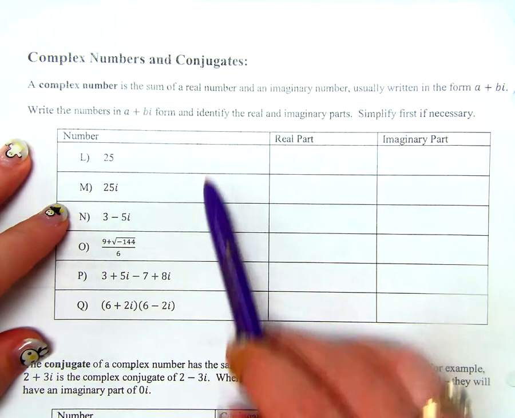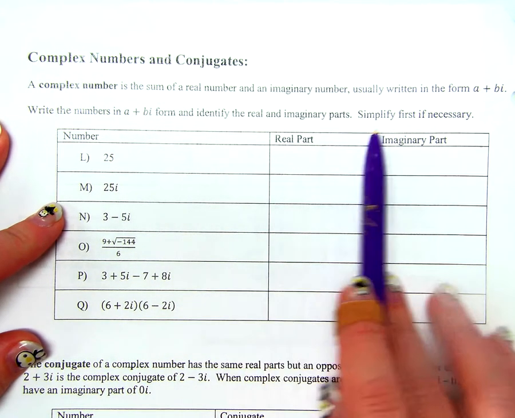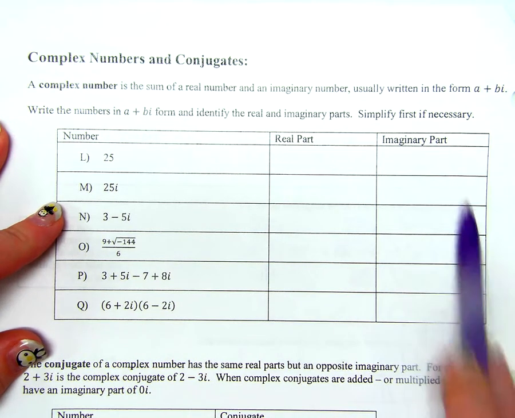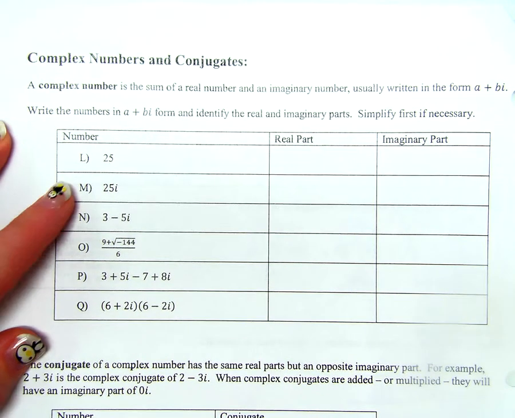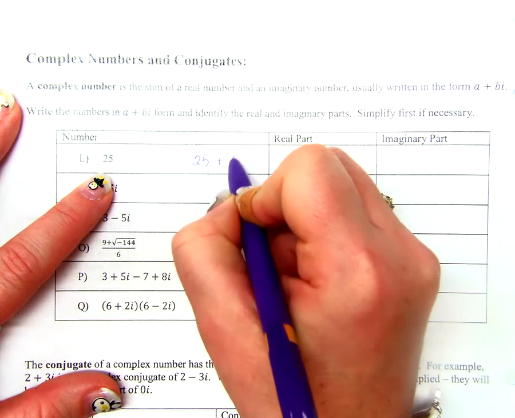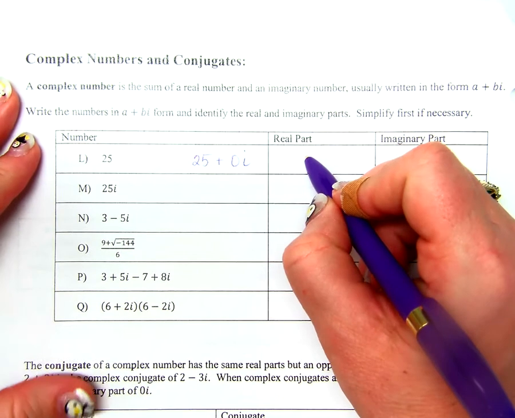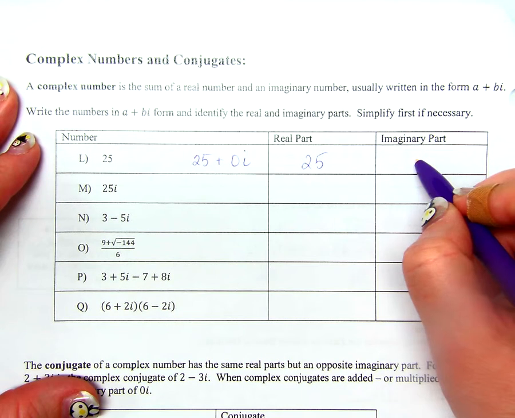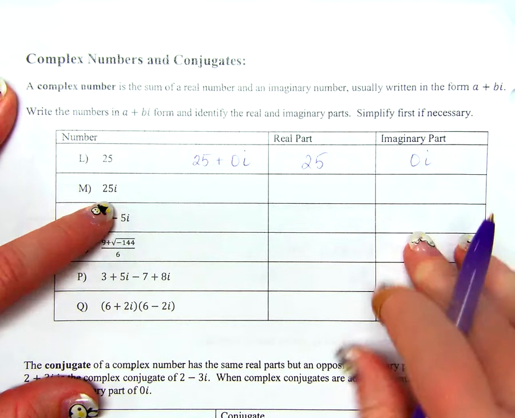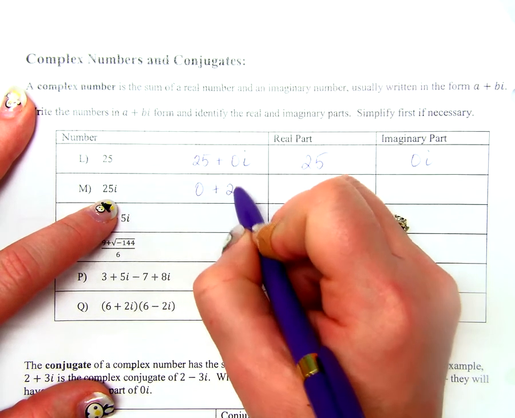So we're going to write each of these numbers in a plus bi form, and then identify the real part and the imaginary part. So this first one would be 25 plus 0i. Right? So what's the real part? 25. And what's the imaginary part? 0i.